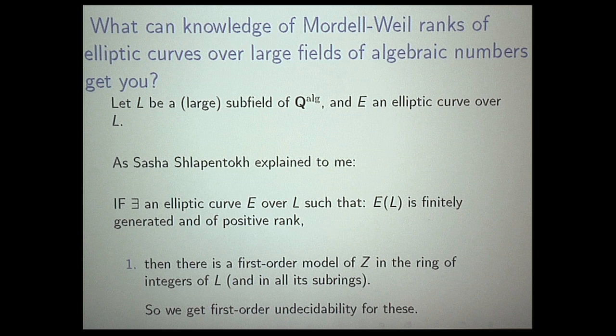So what can knowledge of Mordell-Weil ranks of elliptic curves over large fields of algebraic numbers get you? I want L to be a large subfield of the field of algebraic numbers, and E an elliptic curve over L. Now, the theorem of Shlapentokh tells us that all you have to do is find an elliptic curve over that field such that its group of rational points is finitely generated and yet is of positive rank, then there's a first order model of Z in that ring of integers.